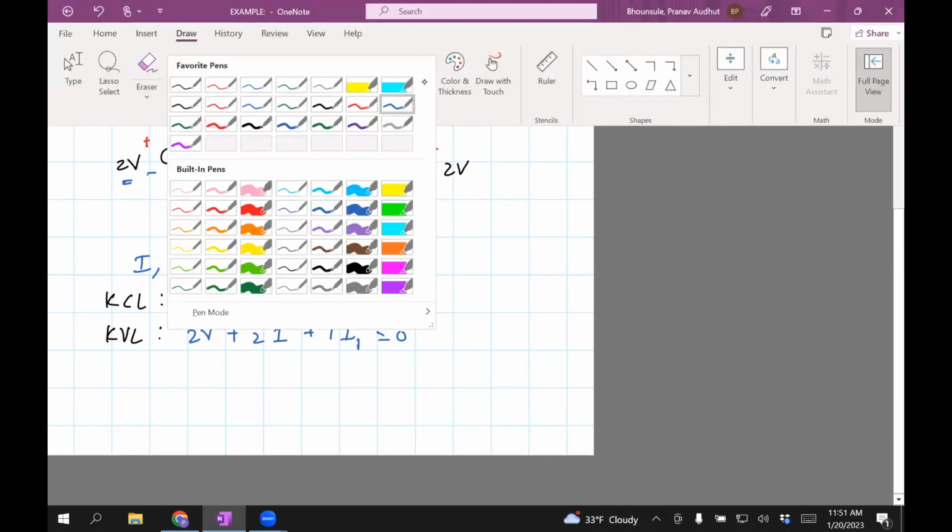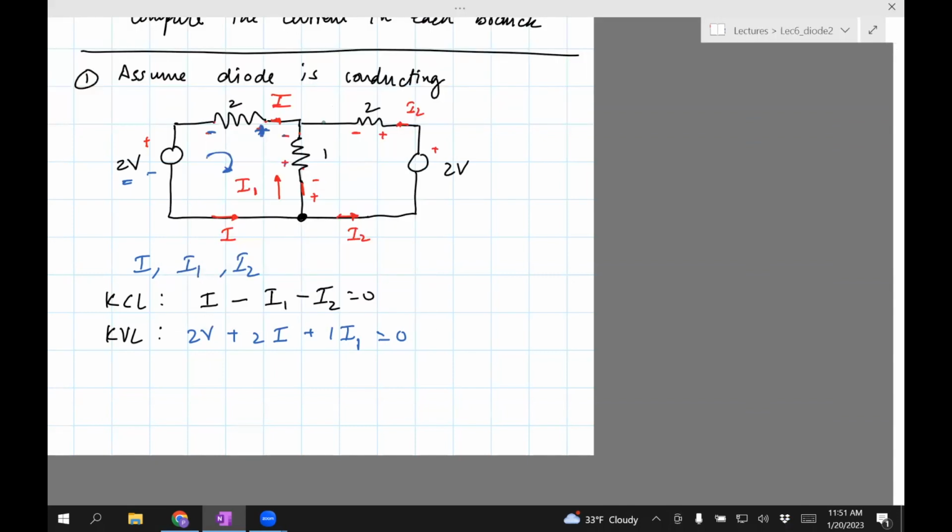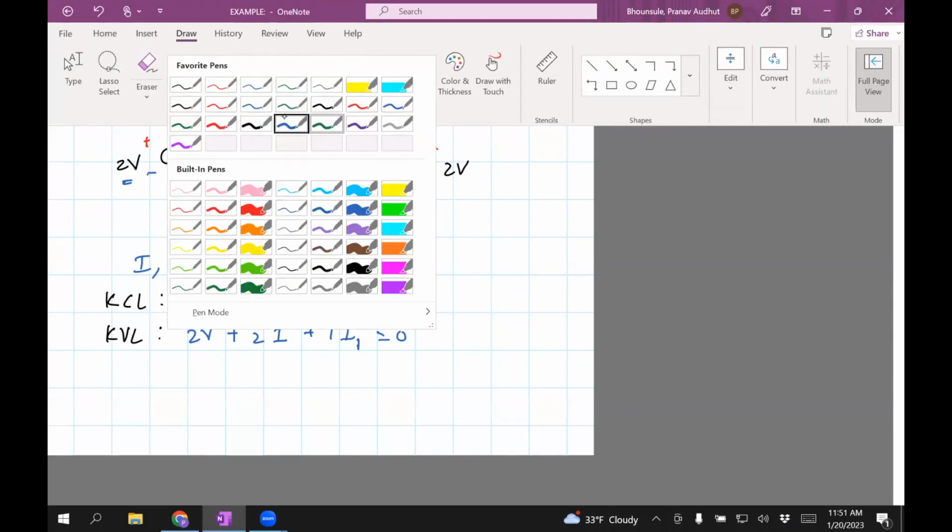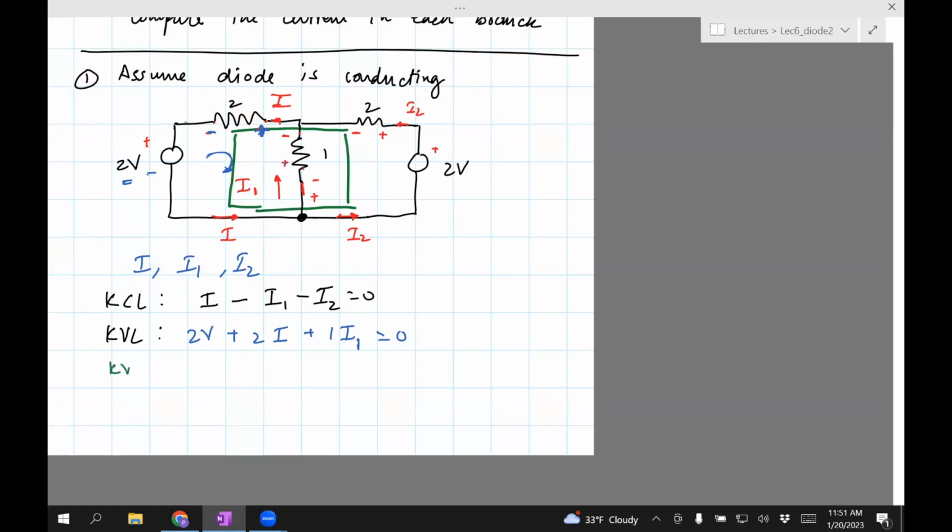Next, let's look at the full branch. This is the whole branch. Okay, so we do a KVL again, KVL on the big branch. So plus 2, plus negative, so it'll be plus 2I.